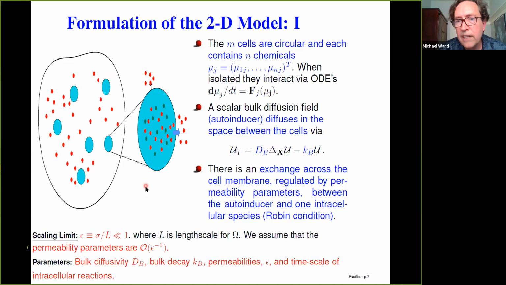The scaling limit we're going to take, so that we can do some analysis, is where the size of the cells, sigma, divided by the length scale of the entire confining domain is much less than 1. The permeability parameters I'm going to take to be large, so that there's transport across this boundary. The boundary conditions on the entire domain are reflecting, so that no chemical can leave the domain. The parameters are the bulk diffusivity, the bulk decay rate KB, the permeabilities, the small aspect ratio, and the time scale of intracellular reactions.